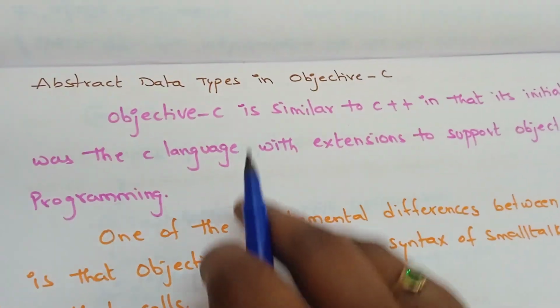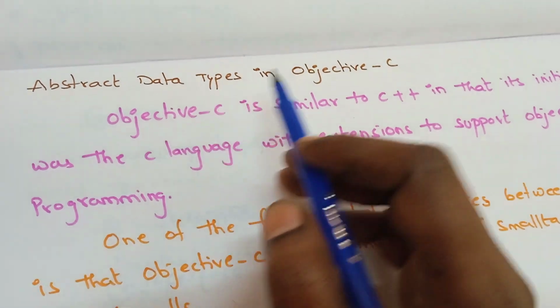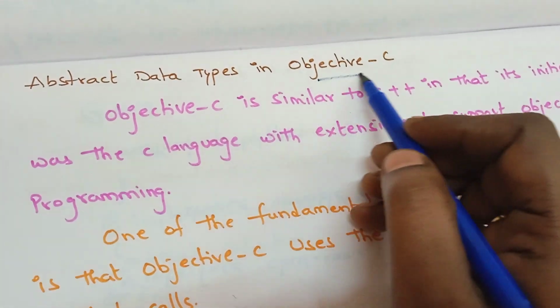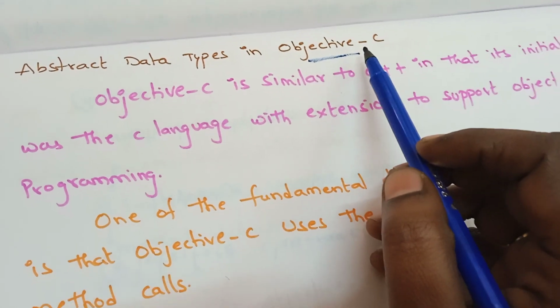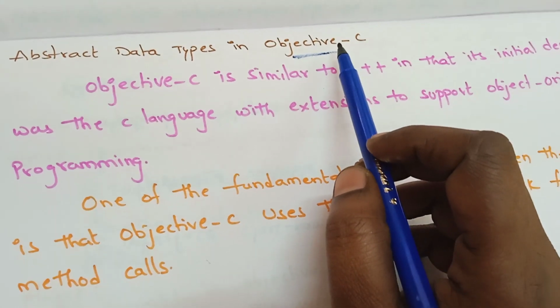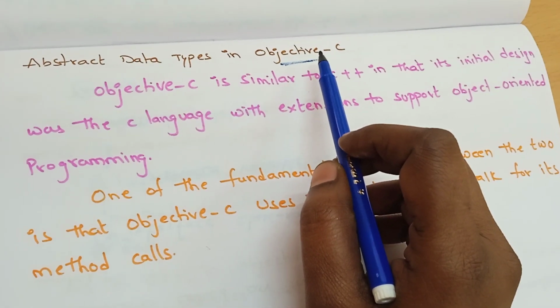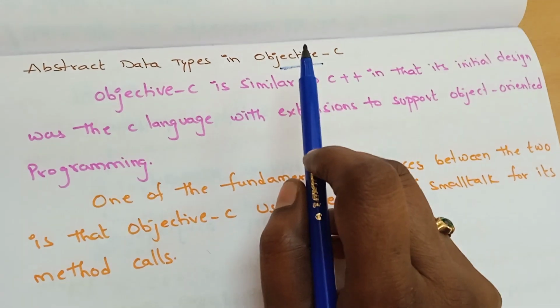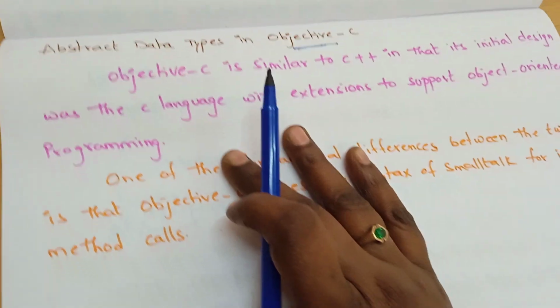Hello everyone, welcome back to another session on abstract data types using the Objective-C programming language. Actually, Objective-C is very similar to C++ in that its initial design was the C language with extensions to support object-oriented programming.